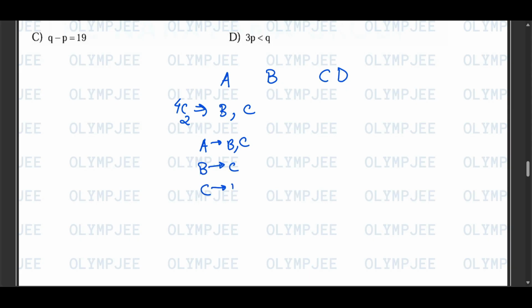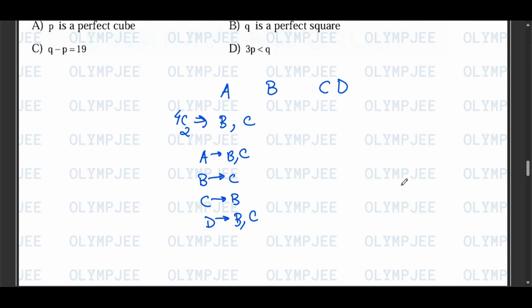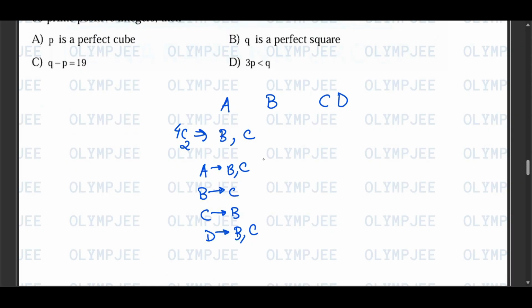C can only shoot B, and D can only shoot B and C, right? And the probability of shooting each person is equal, so this will be equal to 2 by 3 possibility. This is 1 by 3. This is 1 by 3. And this is 2 by 3.